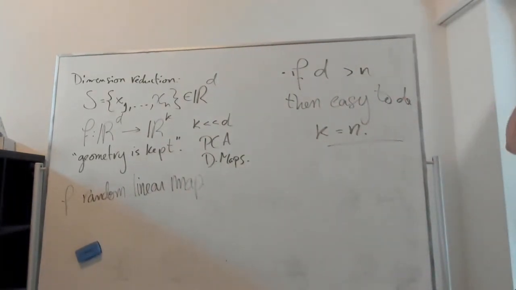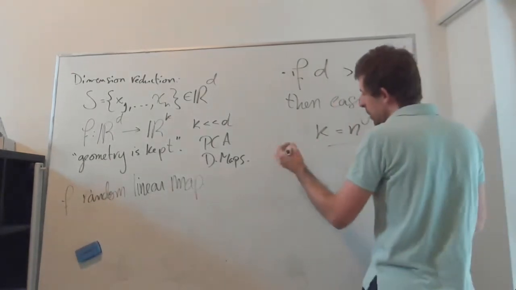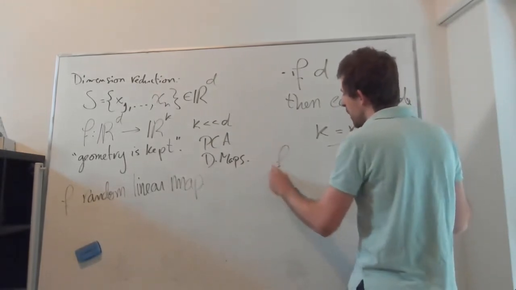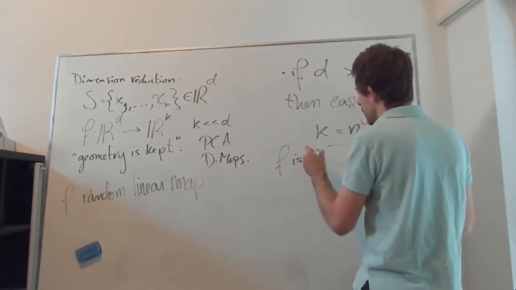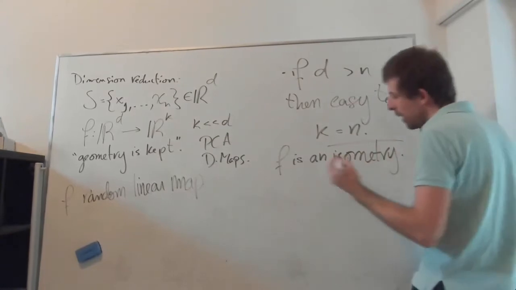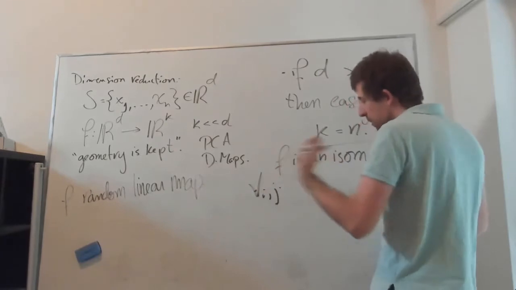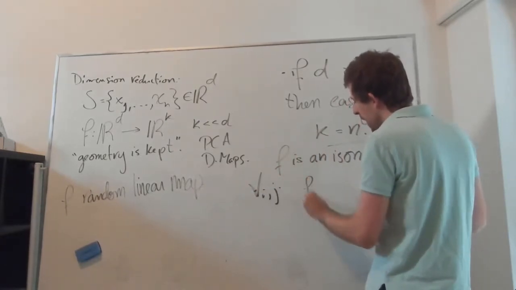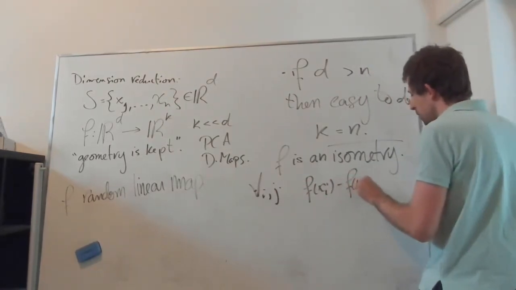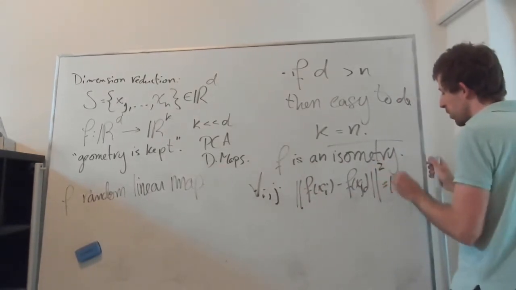We want to ask when d is bigger than n. In particular, that is easy to do as an isometry. The map F would be an isometry. In particular, F would satisfy that for all pairs of points i and j, we'll just project them and everything stays the same: the norm of f(xi) minus f(xj) will just be equal to the norm of xi minus xj.